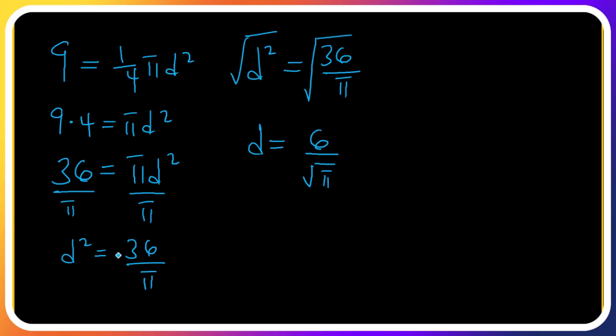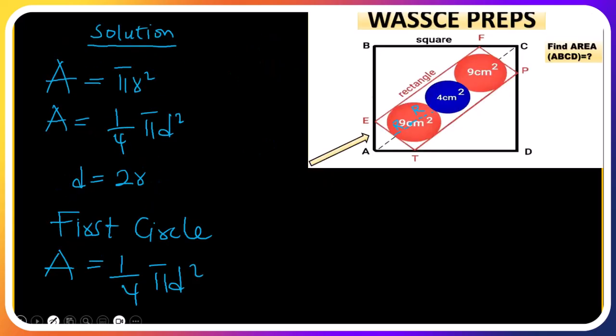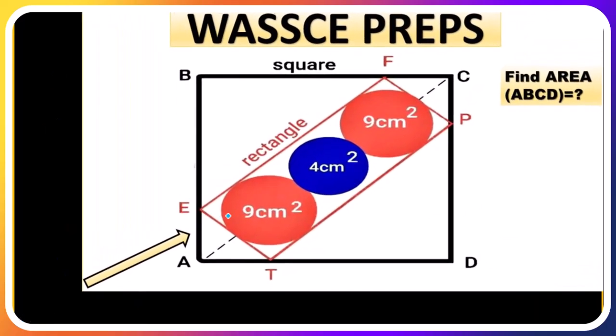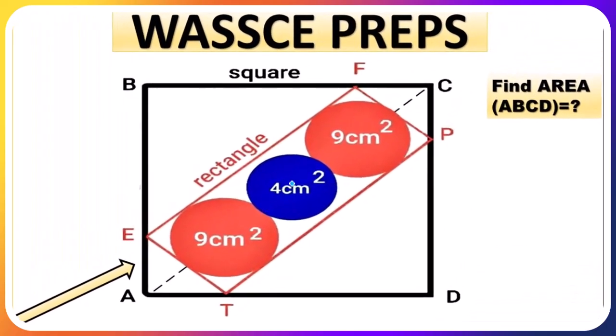Now let's look at the diameter for the second circle. Considering this point as our center, from the center touching the circumference is the radius, and from the center touching the circumference is also the radius.